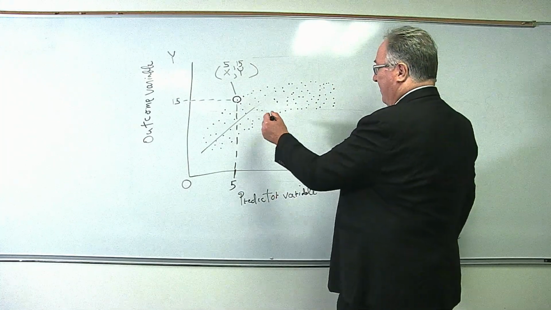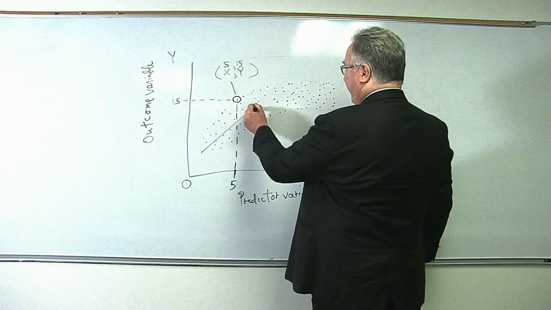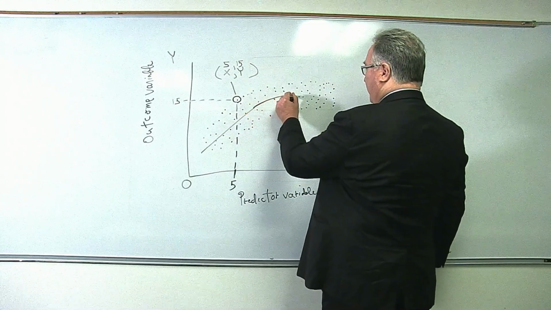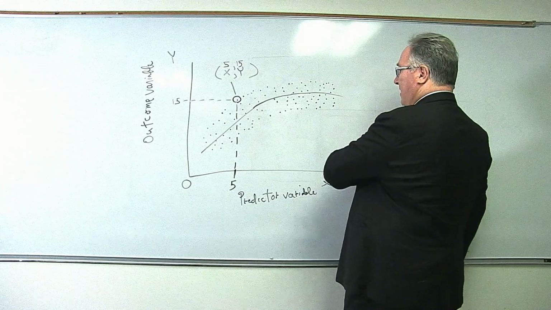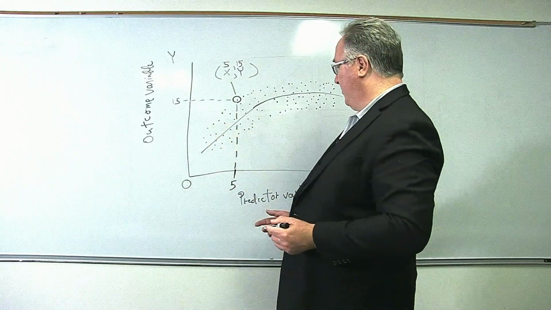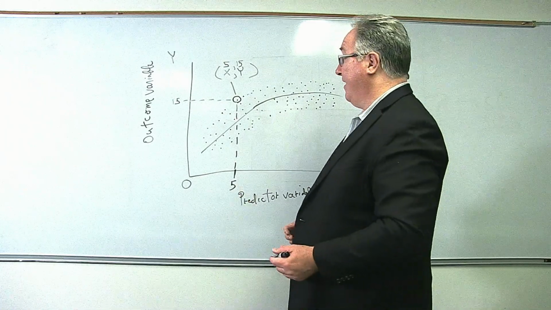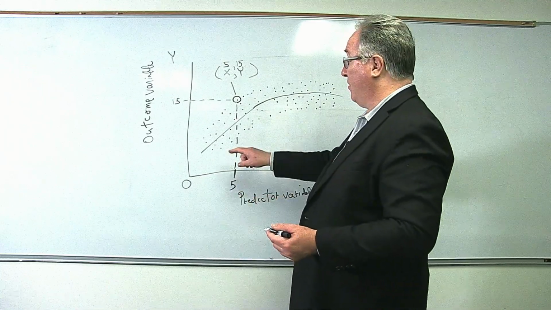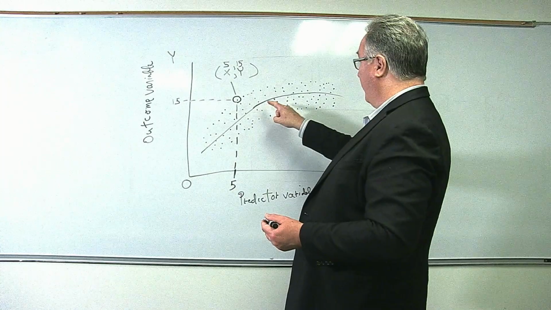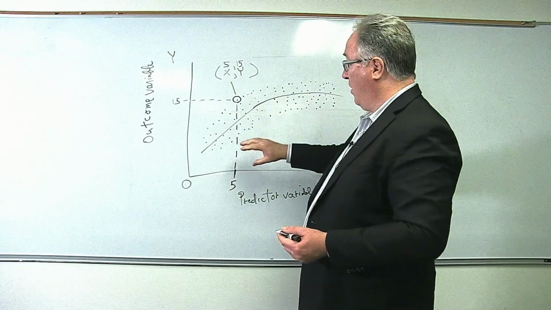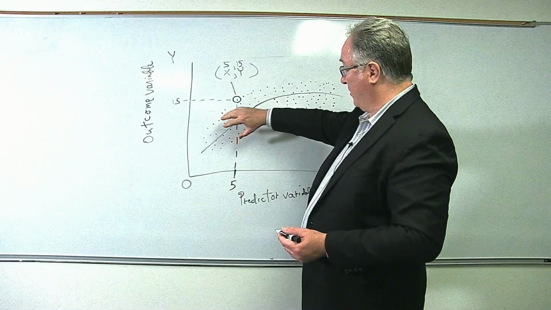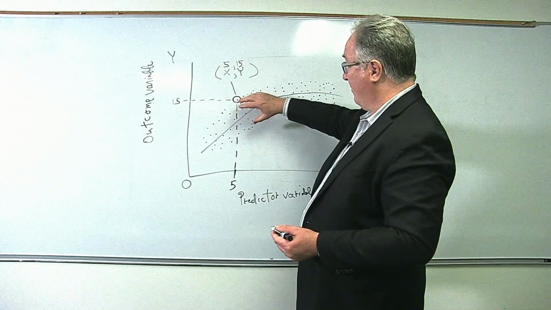Okay, so now you'll notice what happens here. The line that best describes the relationship between the outcome variable and this particular predictor variable would be called curvilinear, and more specifically, this would be called a quadratic relationship. For a while, as values on the predictor variable increase, so do values on the outcome variable.